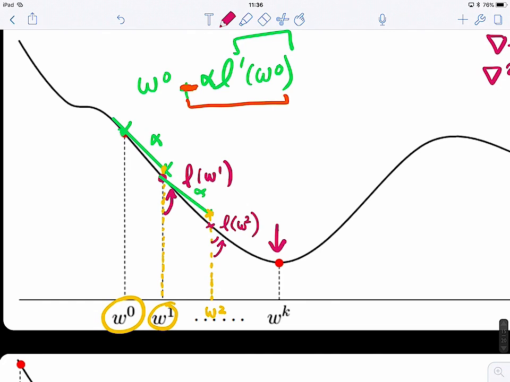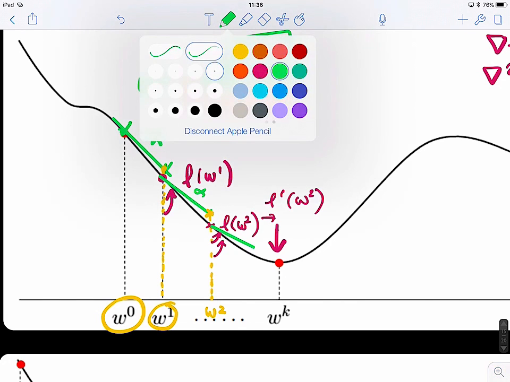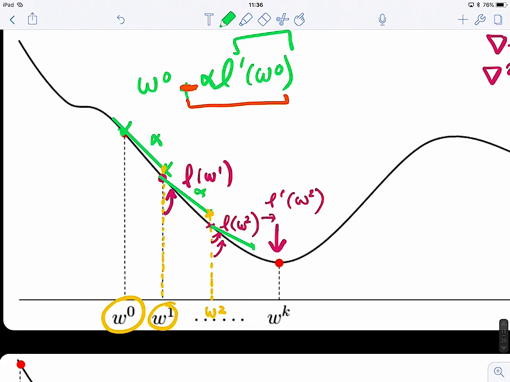I hop back onto the function and compute the gradient again, so I'm computing L prime at my second point W2. And I do it again: I stop right here with my alpha, I project, and so on. So you guys get the idea.